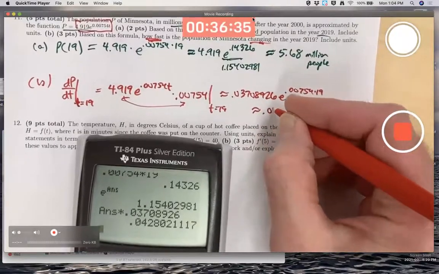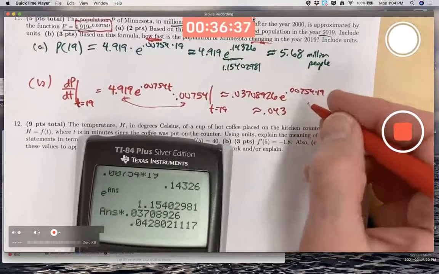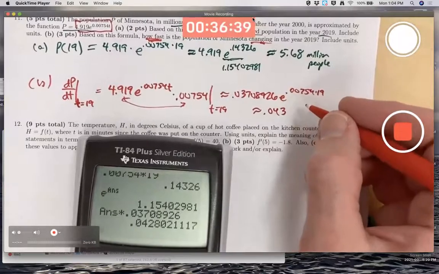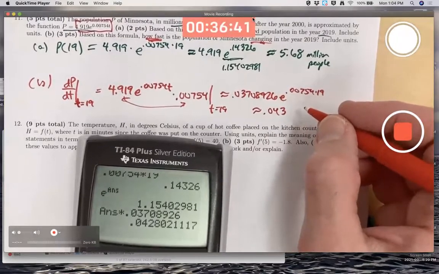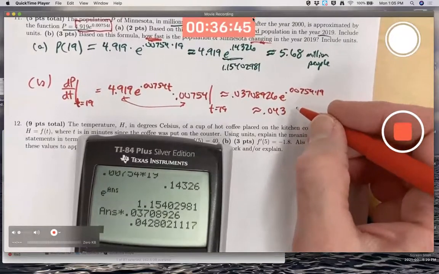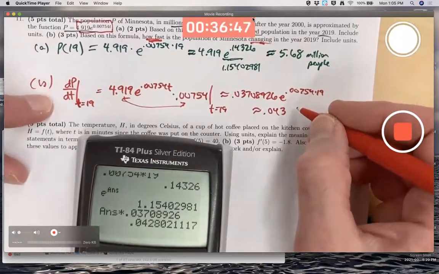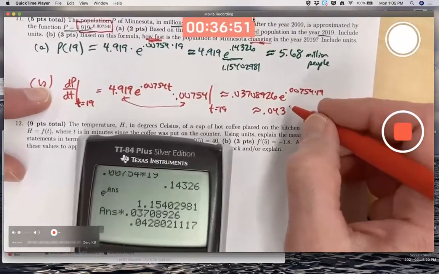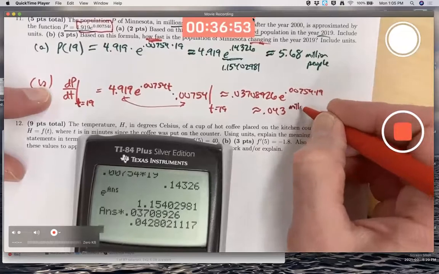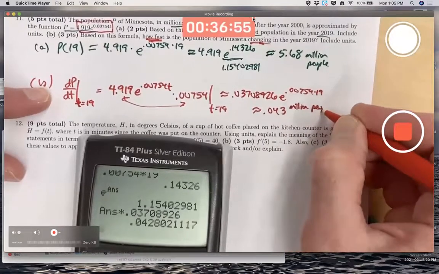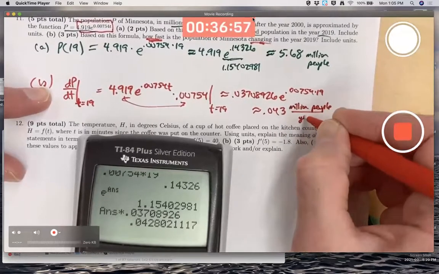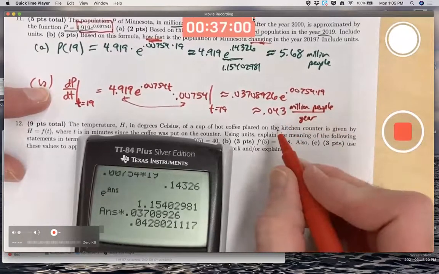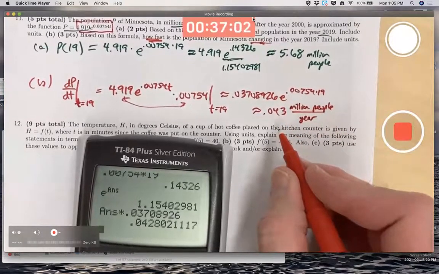About 0.043. What would the units be here? Units of P per unit of t would be? Go ahead. Yeah, 1 million people per year. In other words, if you convert that to thousands, that's 43,000 people per year.